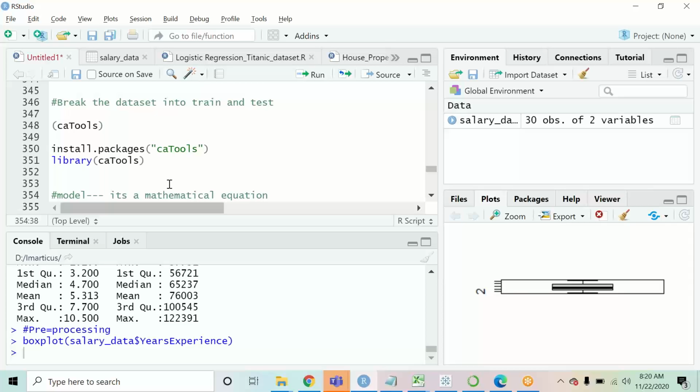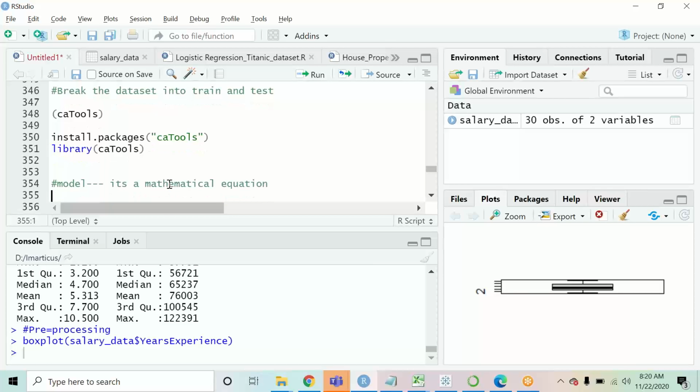That is what a model is. This mathematical equation is generated with the help of the training data set. Once I create it, things will be much clearer to all of you.